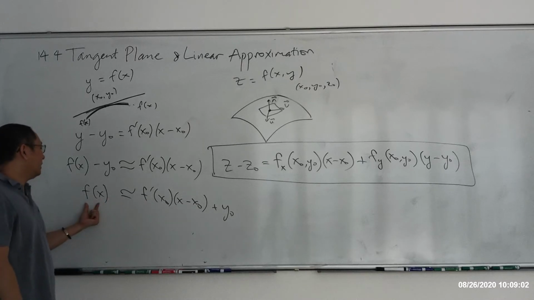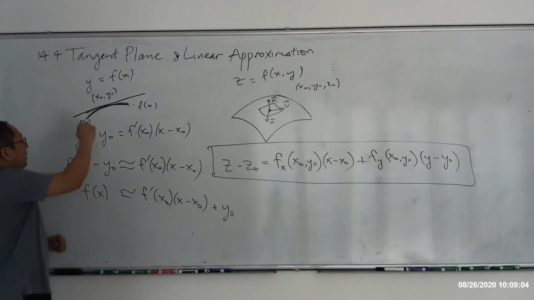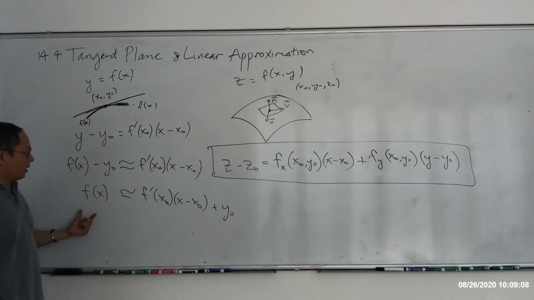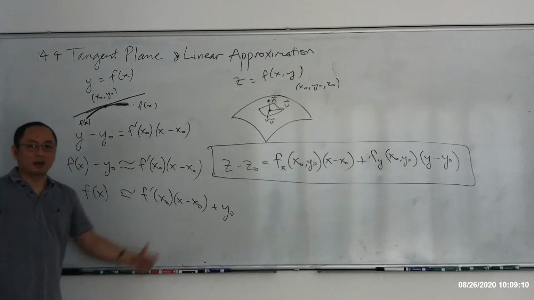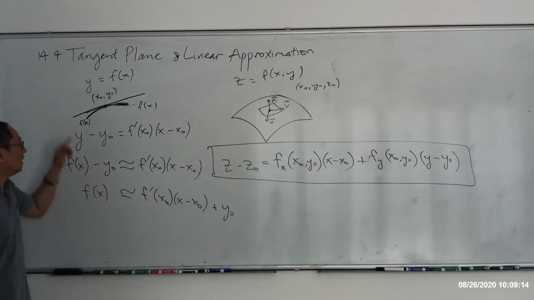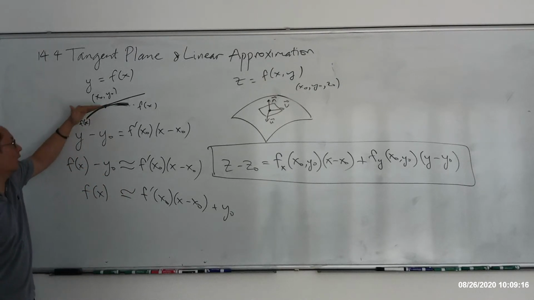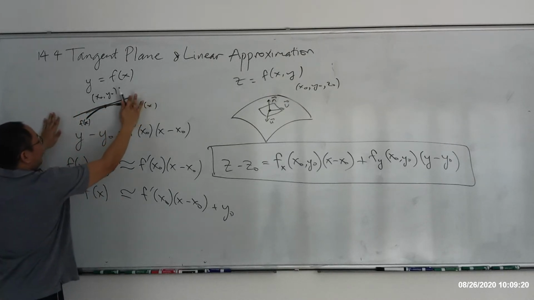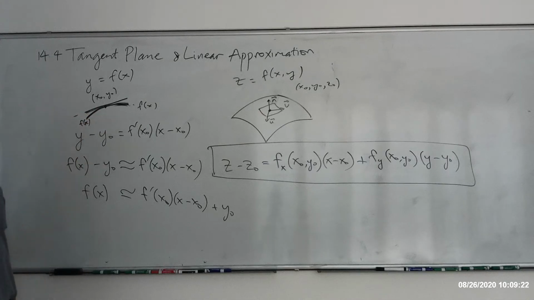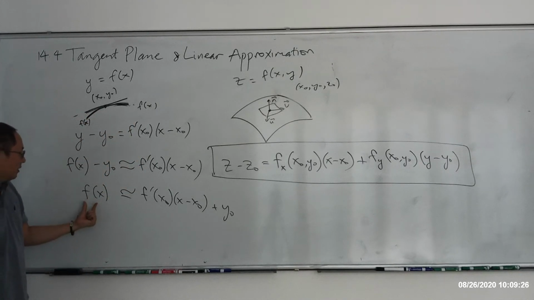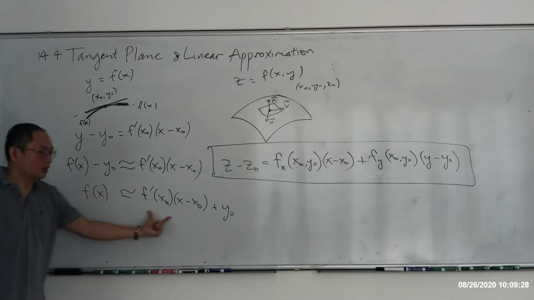Then you can claim that a piece of the function close to that point, x naught, y naught, will look approximately like the line right here. And again, one more time, it's not the line, it's the curve. A little bit off the line, but the error is small if you're talking about a small piece of the function.